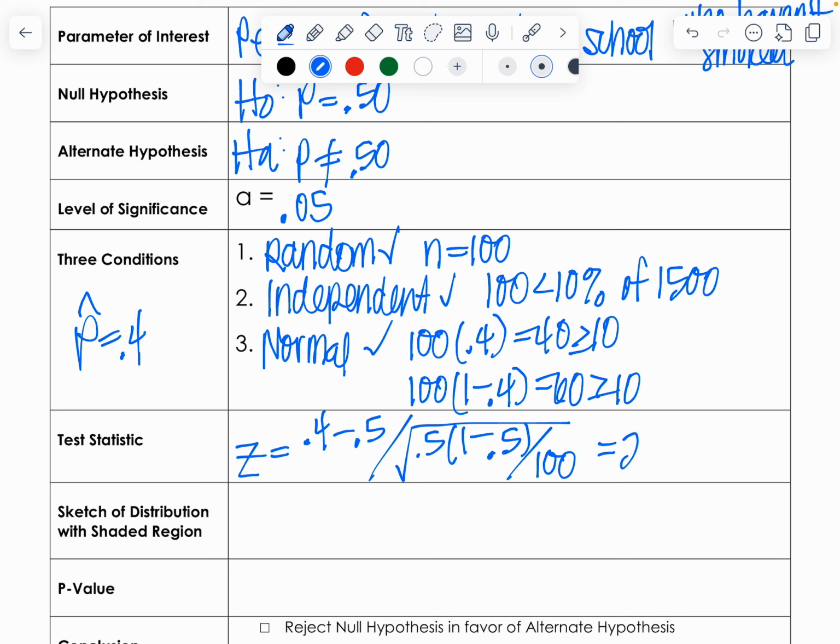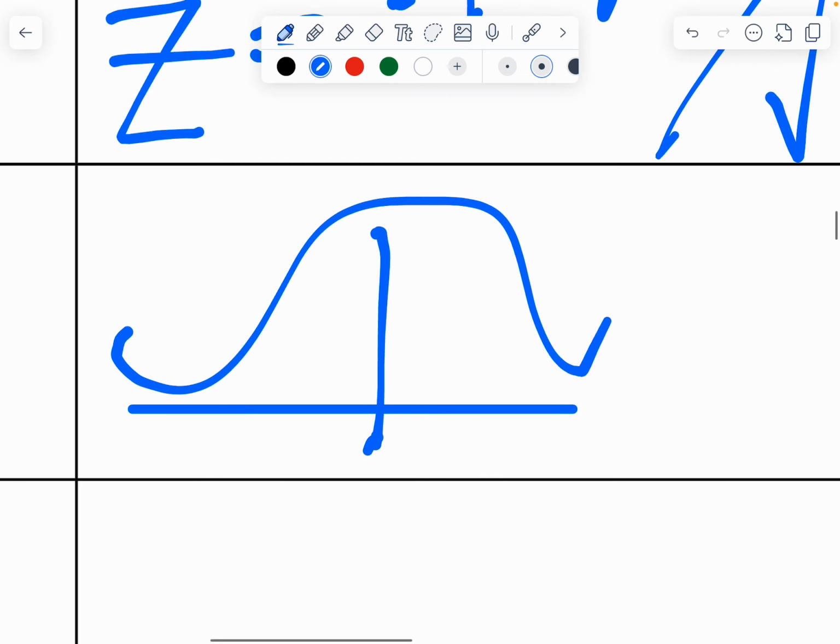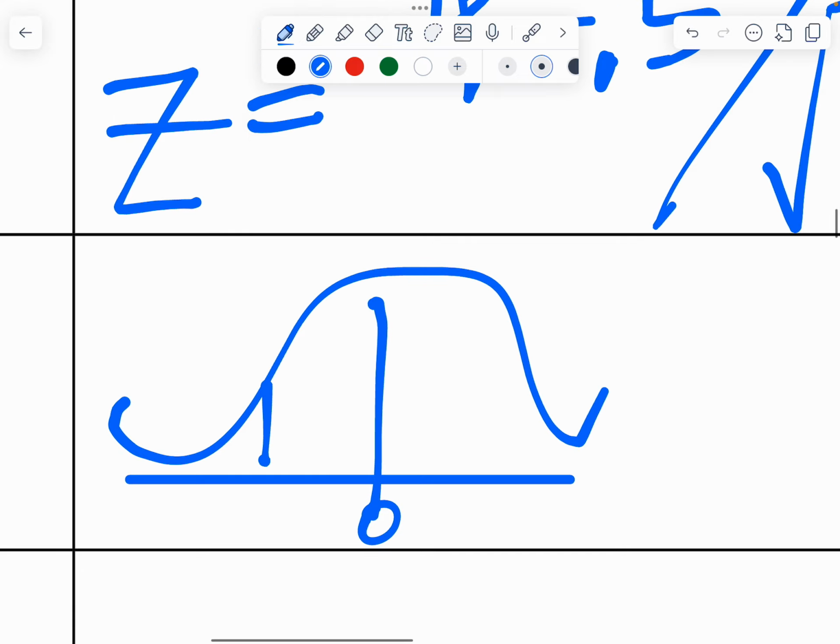We get 2. All right, so we're 2 standard deviations. Oh, wait. This should be negative 2, because that numerator is negative. Right, 0.4 minus 0.5 is negative 0.1. So here we've got 0. We're down here at negative 2.